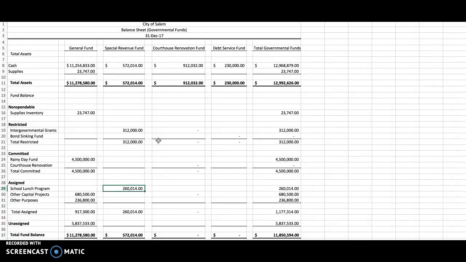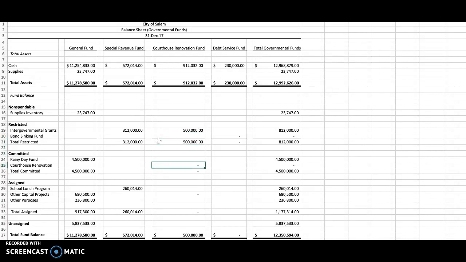Okay, this community is going to renovate its courthouse. So they might well again have $500,000 that might be the same level of government, might be state of Virginia, could be federal government, has provided some money that can only be used to renovate the courthouse. They have to hold it there until they renovate the courthouse.